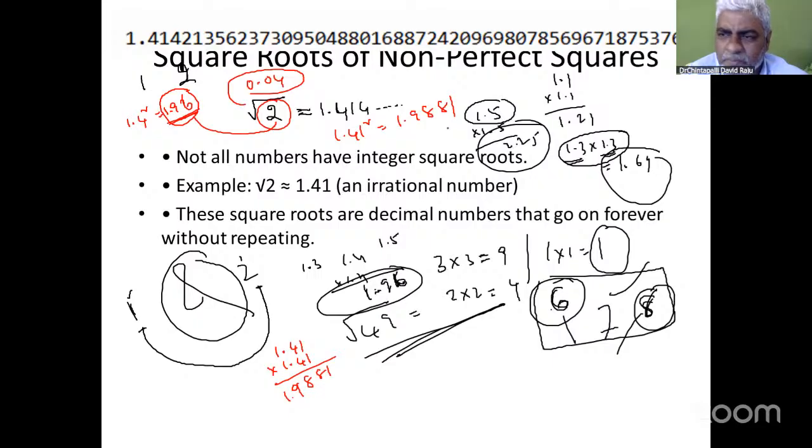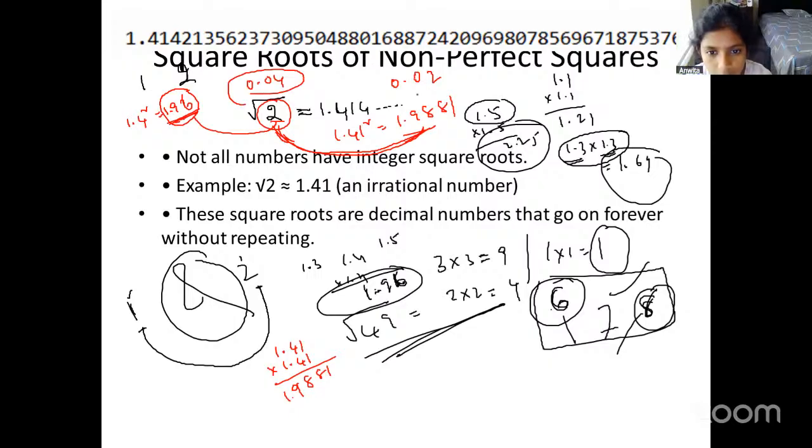This number is nearer to 2 than 1.96. What's the gap between these two numbers? It's 0.02 only. If we add 0.02, it becomes 2. Its gap is 0.02.